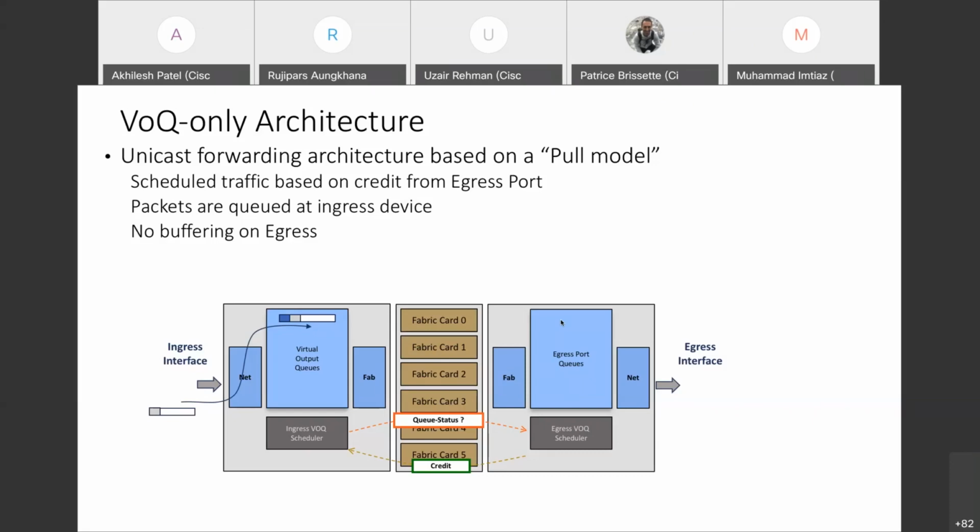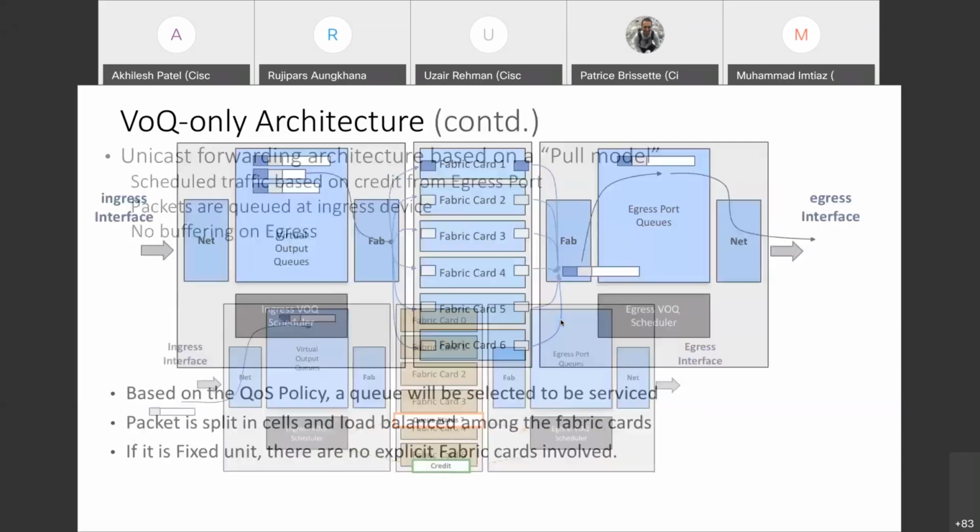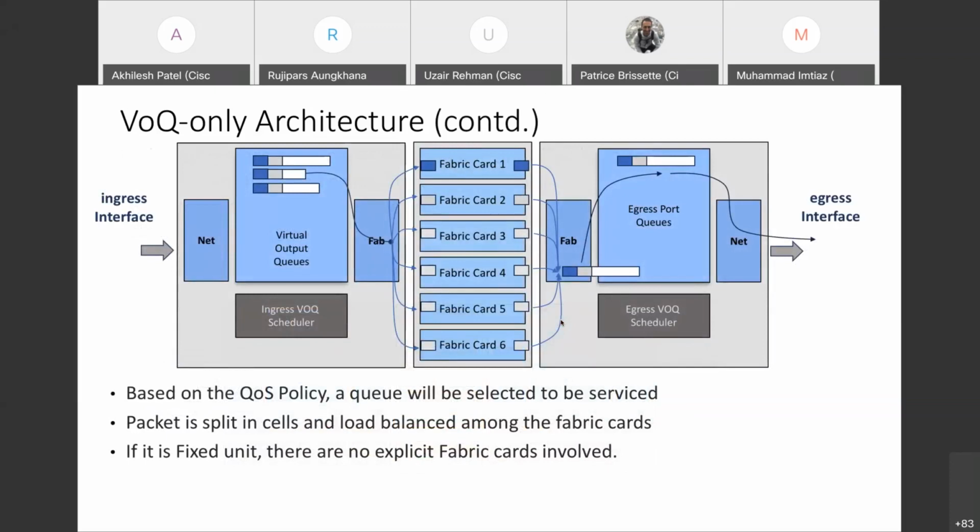There is no buffering on the egress side, so all the buffering happens on the ingress side. As we mentioned earlier, the queuing happens on the ingress side since we have the VOQs on the ingress side. This is a more detailed picture where, for example, we have 3 VOQs.